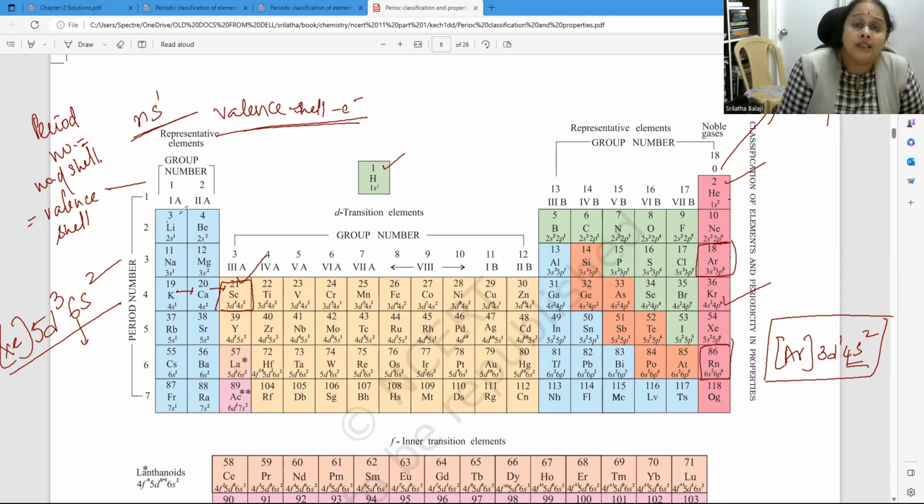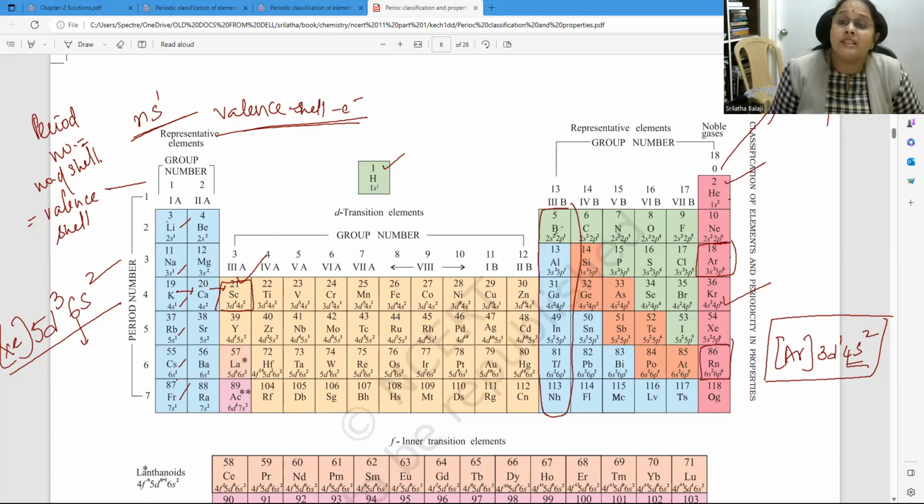For example, look at lithium, sodium, potassium, rubidium, cesium, francium. What do you observe? Everything is having ns1. Isn't it? So all elements in a group will have same configuration. Can you see ns2 np1 in group number 13? Can you get that?